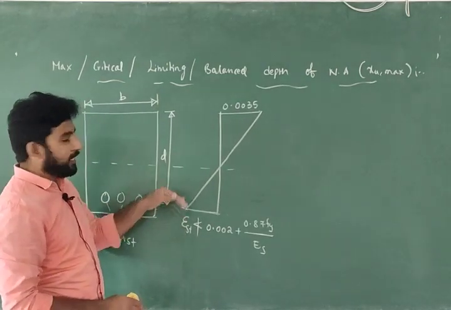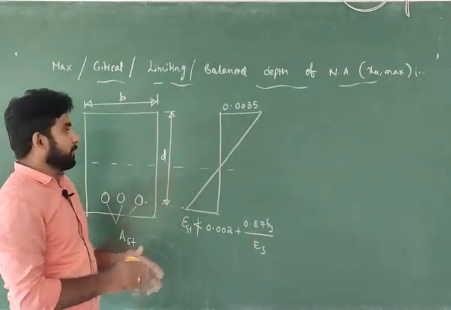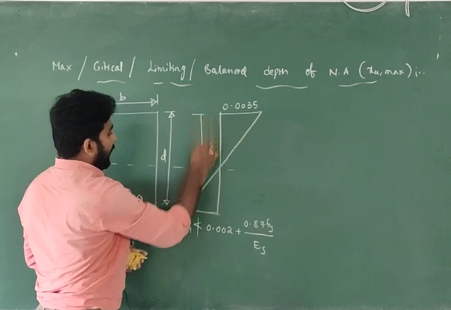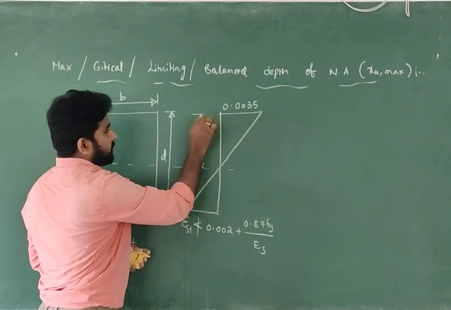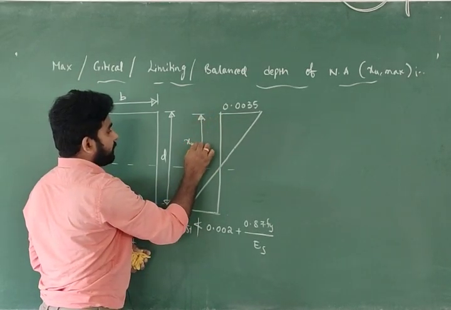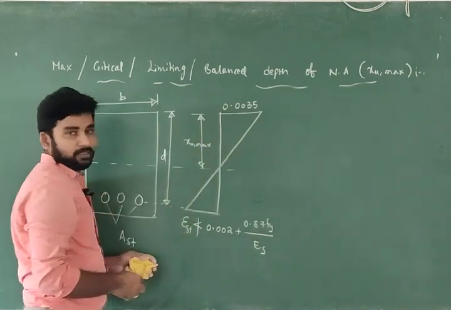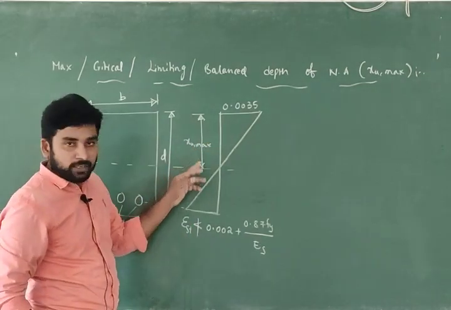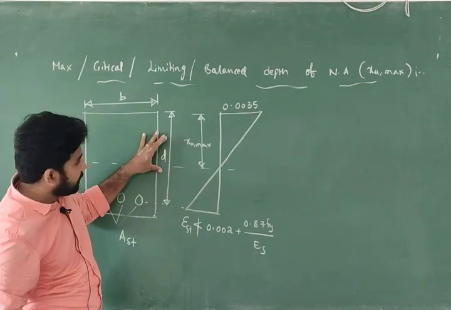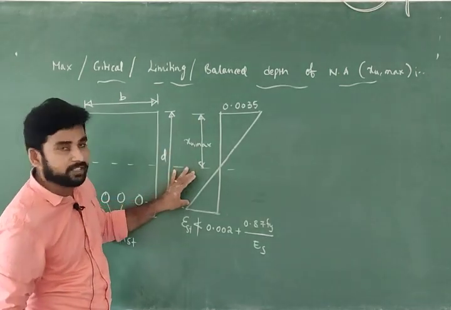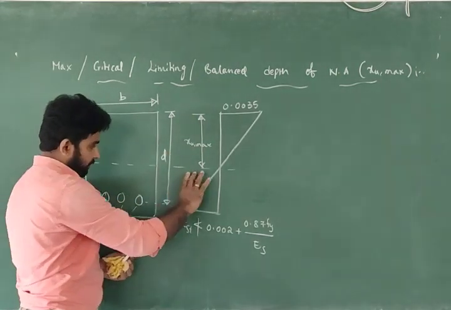So to determine XU maximum, first I consider this as my maximum depth of neutral axis, XU maximum. I know this depth, and I want this depth. How to determine it?